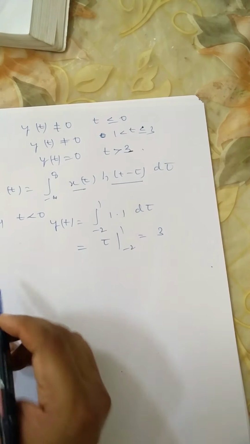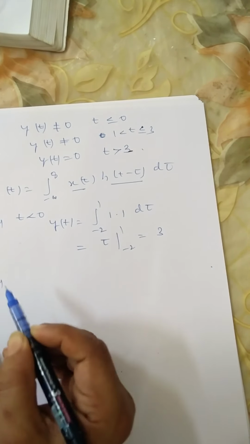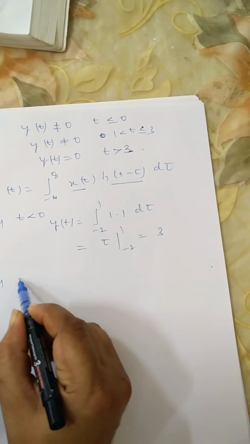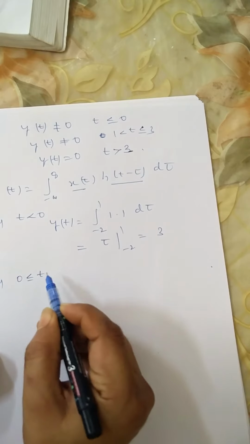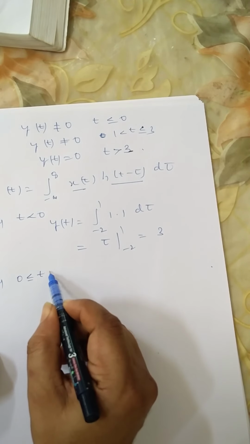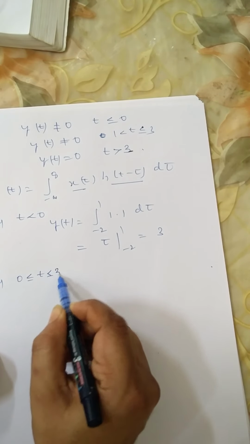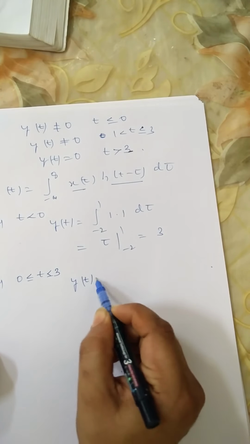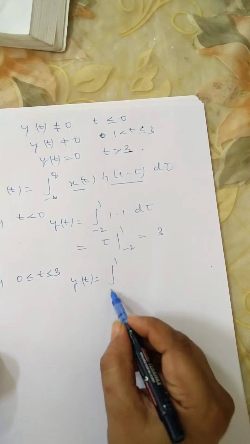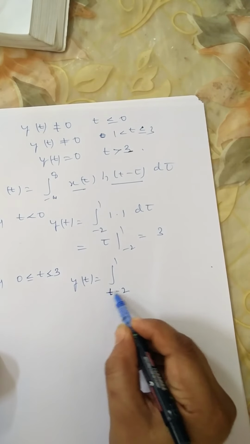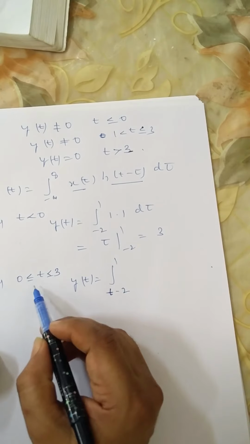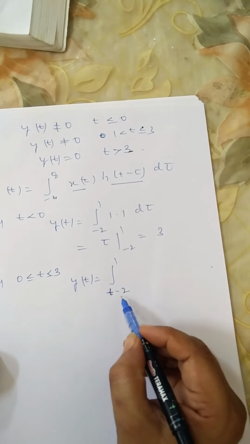When t is in between greater than 0 and less than 3, y of t is equal to, upper limit is 1, lower limit is t minus 2, because when t is 1, it starts from -1.